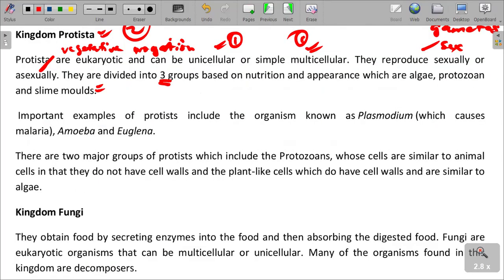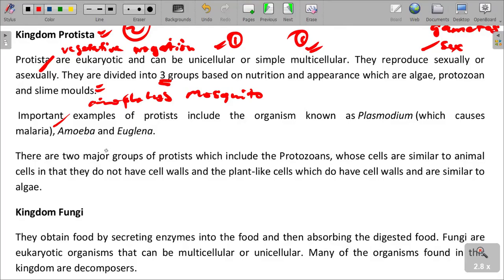Again, important examples of the protists include the organism known as the plasmodium, which causes malaria. I think you remember it is transmitted by the Anopheles mosquito, and the plasmodium organism is also an example of the protists.